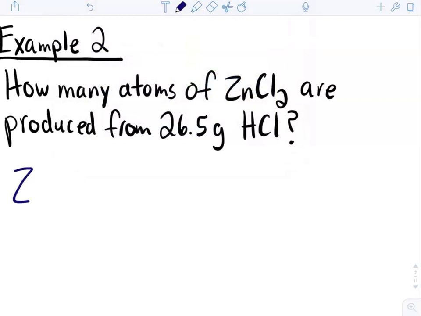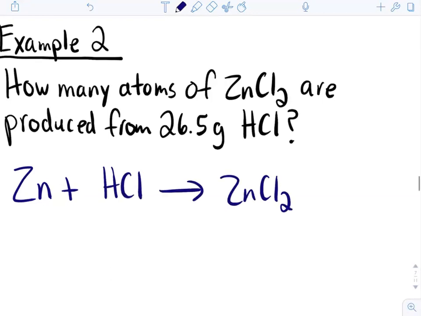And so your equation is zinc plus HCl gives you zinc chloride plus H2. So we first got to look at this and see if we are balanced.